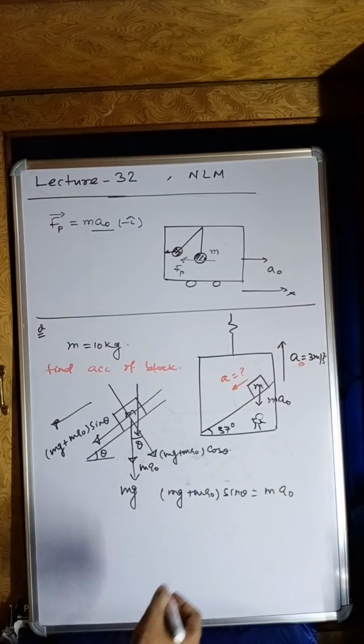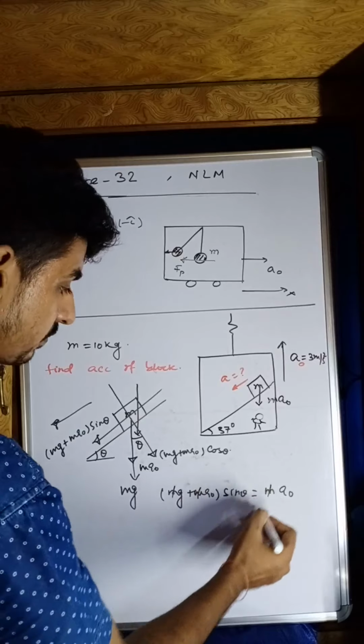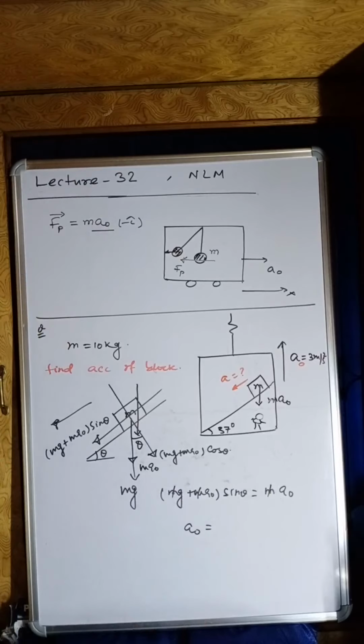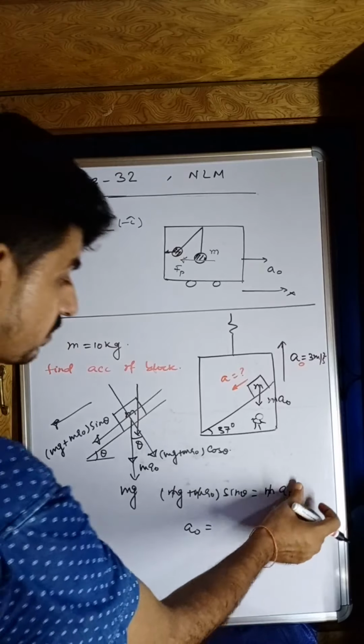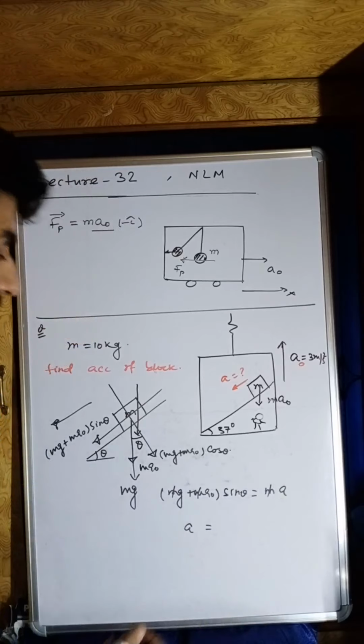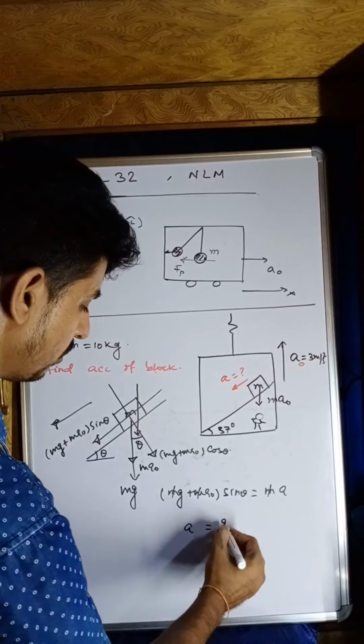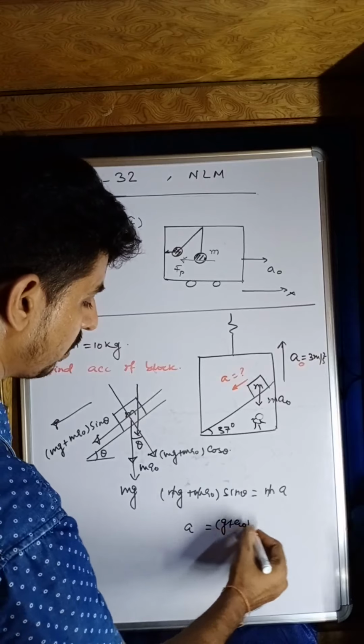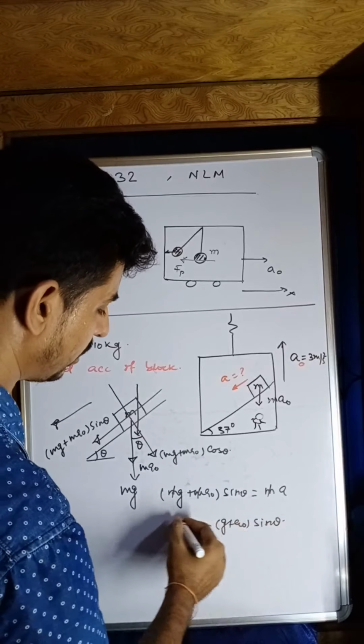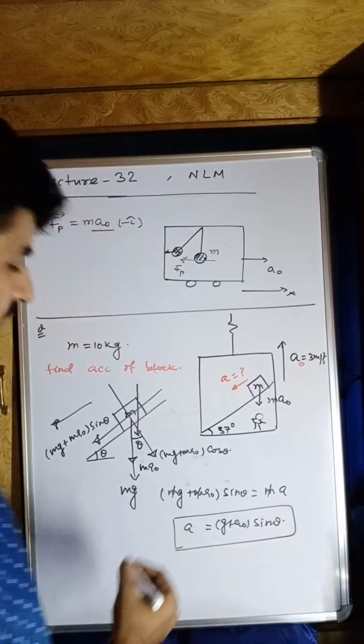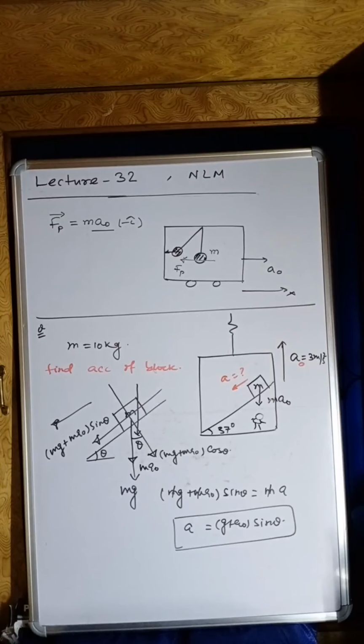Okay, m will be cancelled out. What we have to find actually? So sorry, this is the a now. So a will be equal to (g plus a naught) sine theta. This is the acceleration that you have to find.